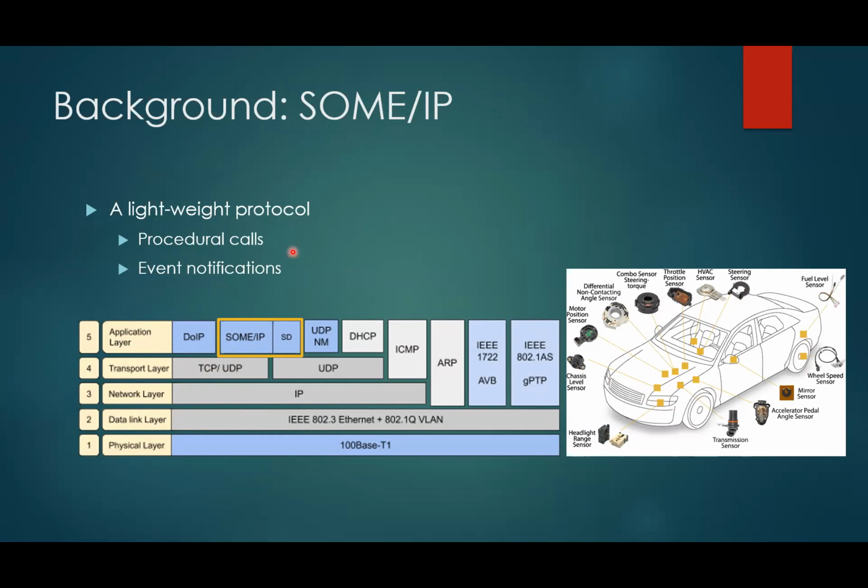Although SOME/IP is a lightweight protocol, it supports both procedural calls and event notifications, which means that the client can send requests and get responses from the server, as well as subscribe to some services and get notifications.